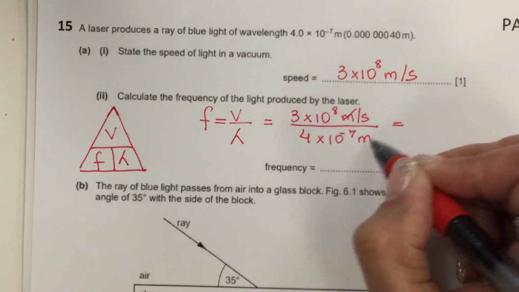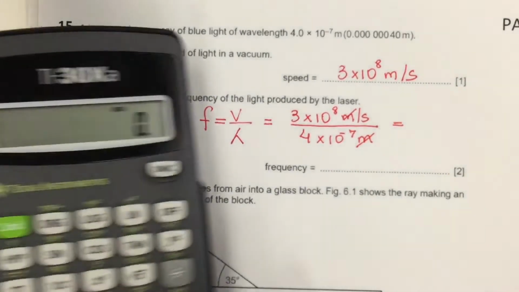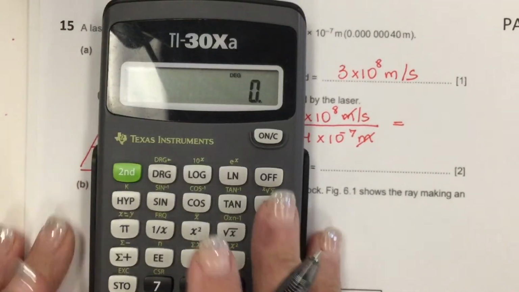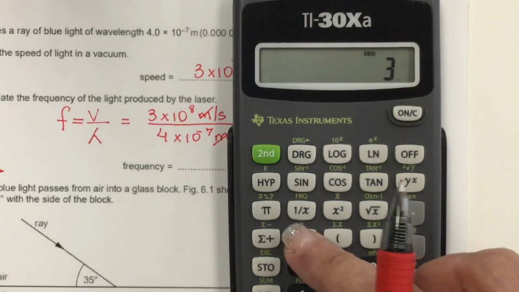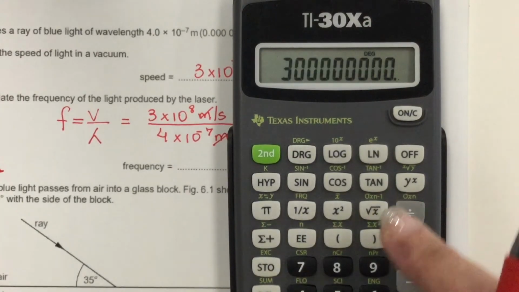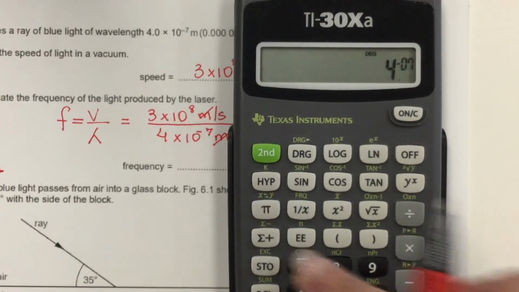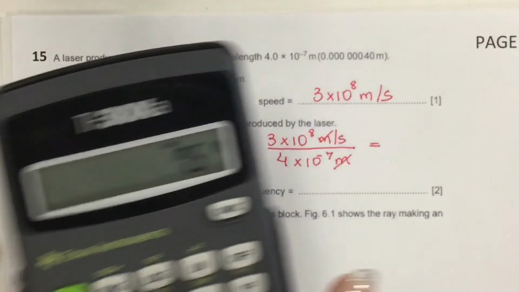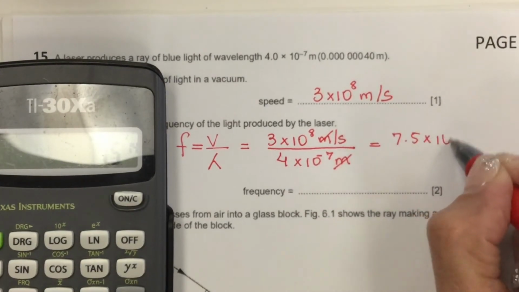So I cancel meter with meter, and I'm going to use my calculator to calculate this value. 3EE8 divided by 4EE negative 7, so it's 7.5 times 10 to 14.